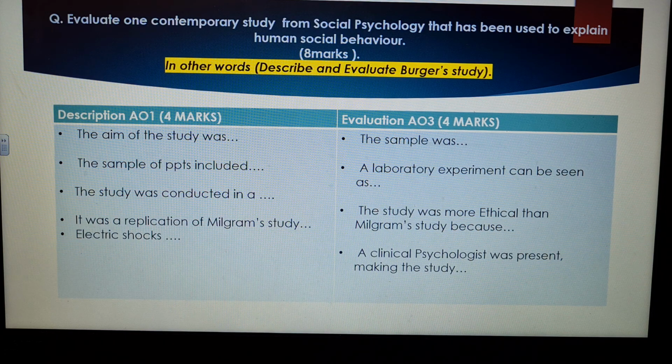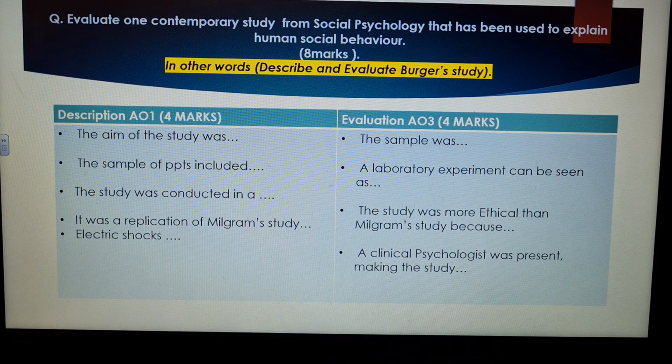Also, the study was more ethical than Milgram's study, and you need to obviously explain why this was. For example, Berger used a mild shock 15 volts, whereas Milgram used 45 volt shock to show as an example to participants.